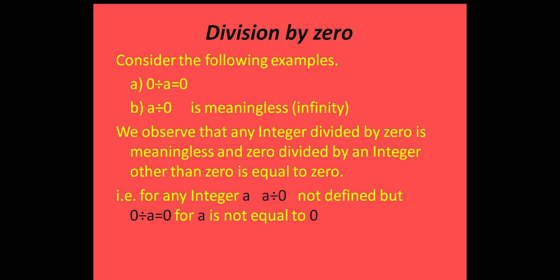We observe that any integer divided by 0 is meaningless and 0 divided by an integer other than 0 is equal to 0. That is, for any integer a, a divided by 0 is not defined, but 0 divided by a is equal to 0, for a not equal to 0.